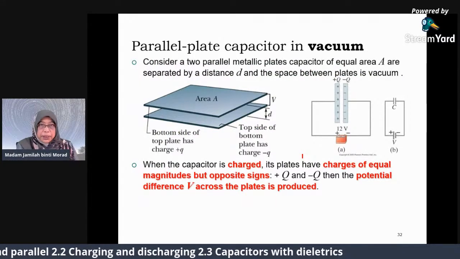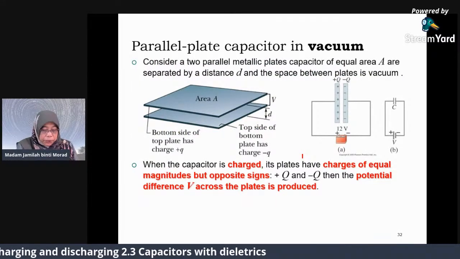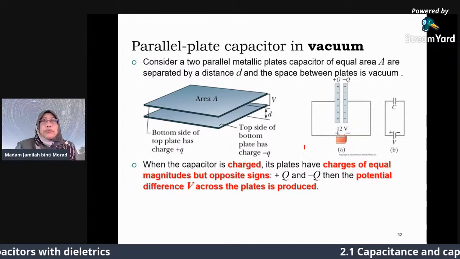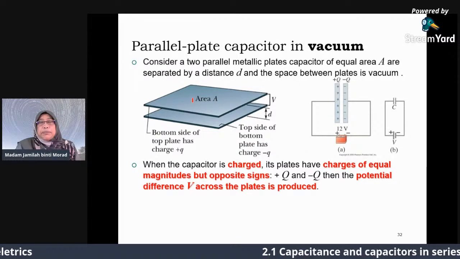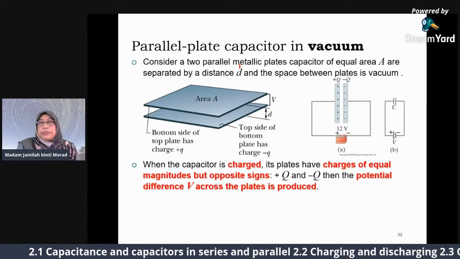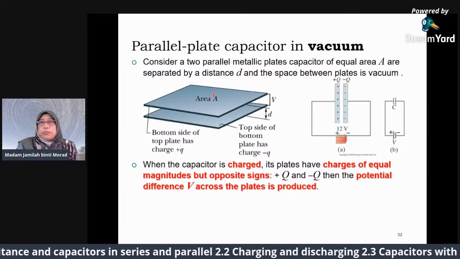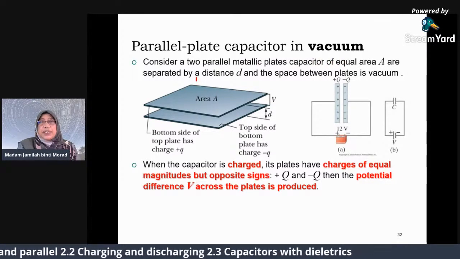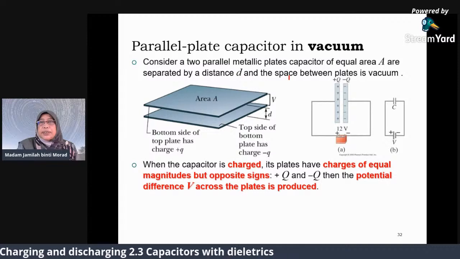First, I go through the parallel plate capacitor in vacuum and the filled parallel plate capacitor. Parallel plate, the simplest form, as I said, consists of two parallel plates. The plates should be conductors, of equal area A and separated by a distance D, and the space between the plates is vacuum.